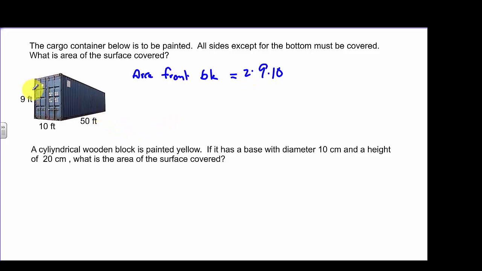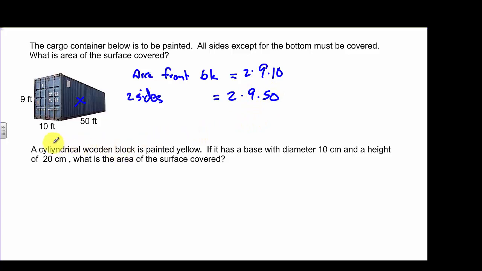I'm going to take the two sides, this side right here, and the side that you can't see on the other side. And those areas are, notice, 50 by 9. I have 2 of them.